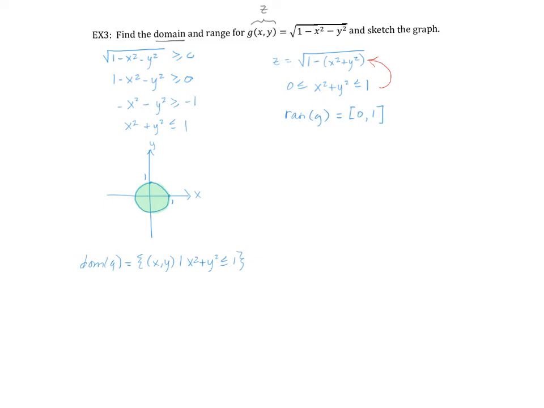If x squared plus y squared is 0, z is 1. If x squared plus y squared is 1, z is 0. So I know that my z values are going to range from 0 to 1. So that would be my range of g.